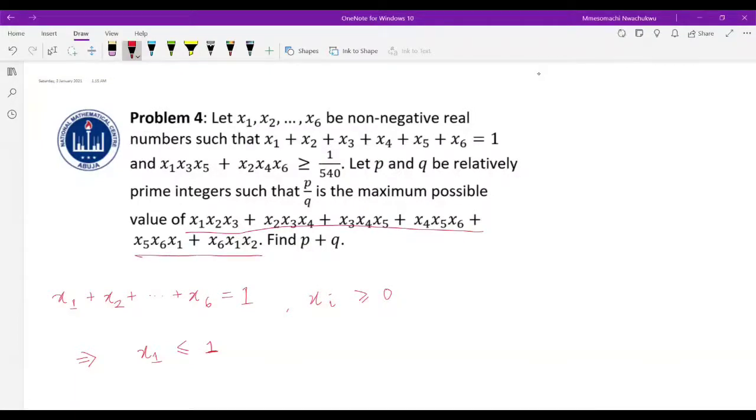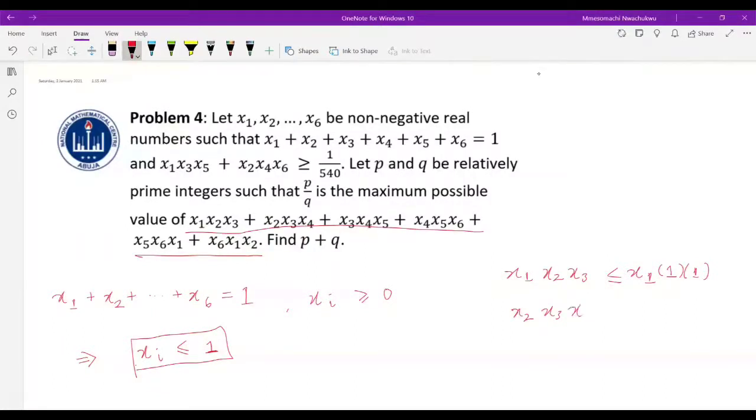will be that x1 x2 x3 is less than or equal to x1 times 1 times 1. Okay, x2 x3 x4. So we're just applying this for each of them. So let me just put xi: each of the xi is less than or equal to 1.